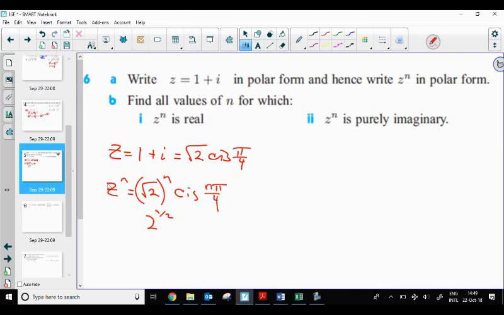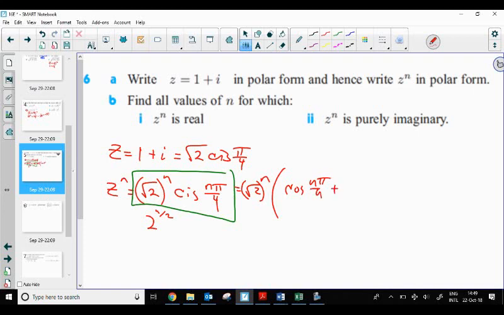Now where this question gets a little more interesting: find the values of n so that this number here is real and so that this number here is imaginary. So for that, we're going to break up the cis, right? So we still got the square root of 2 to the n, but now this is cosine of n pi over 4 plus i sine of n pi over 4. So if it's totally real, that means that this term here has got to be equal to 0.